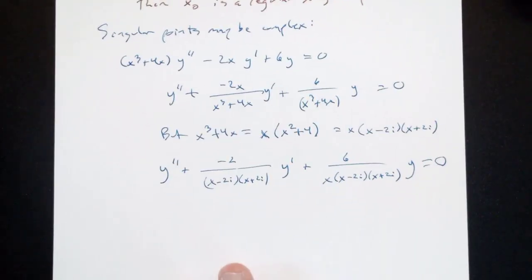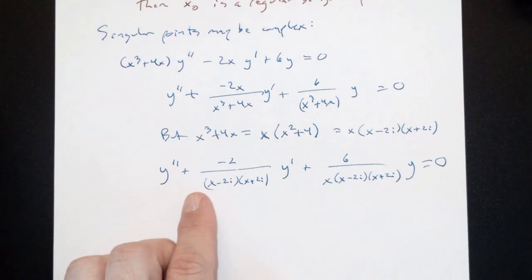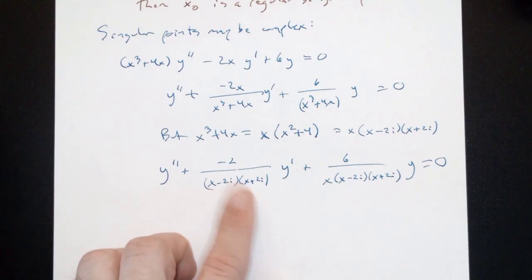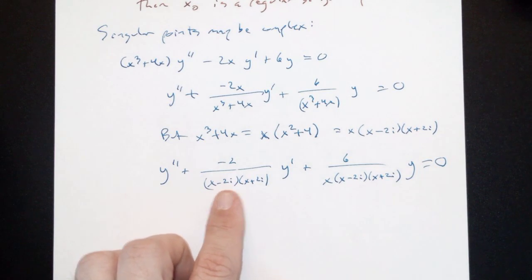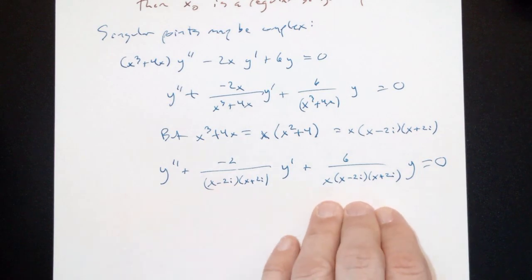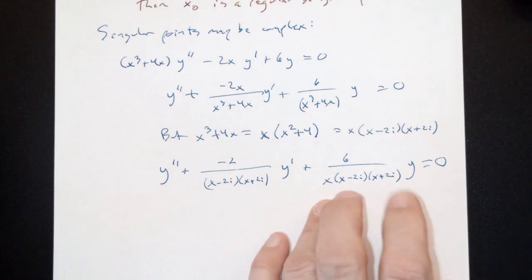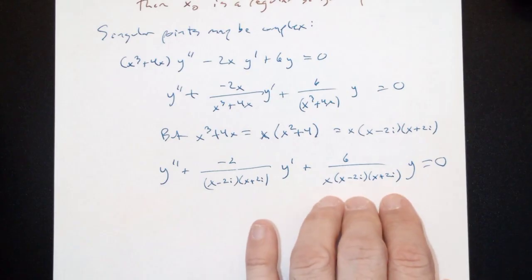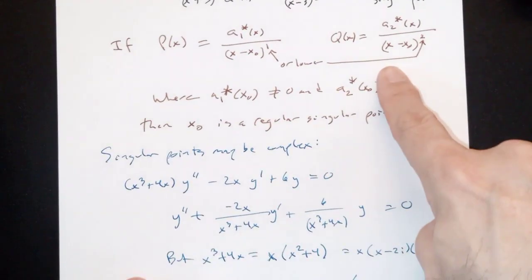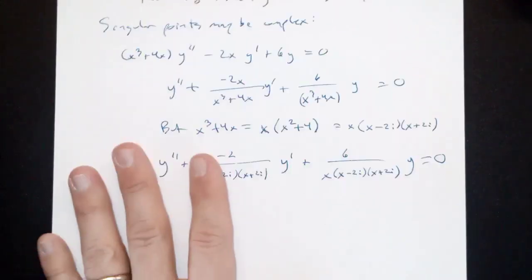The highest power involved for x or x minus 2i or x plus 2i in the bottom here is 1. The highest power needs to be less than or equal to 2. Well, the highest power is always 1. That means we satisfied this idea, so they're all regular.